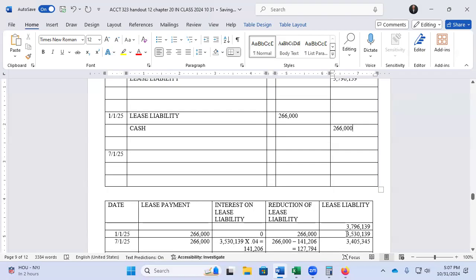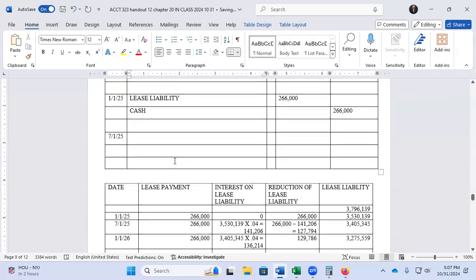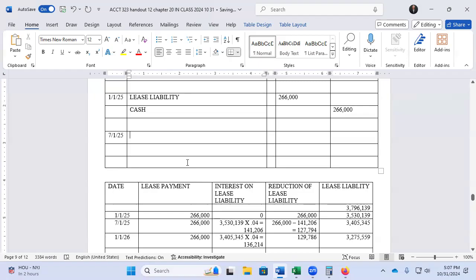So that gets us now to this value here. And so we just have to record the entry once we make that payment. And so we have lease liability, and that's the 124,794. And it looks like I made a typo here.